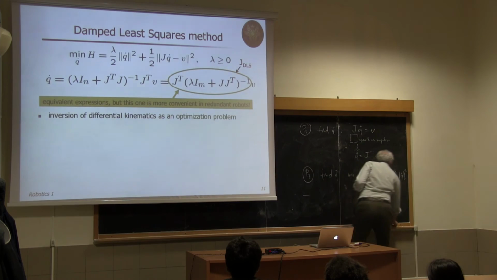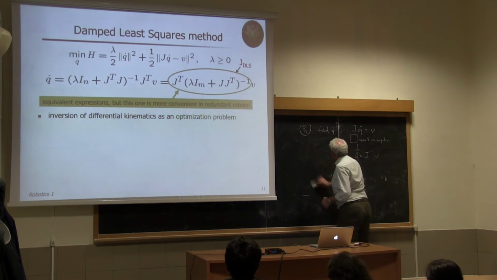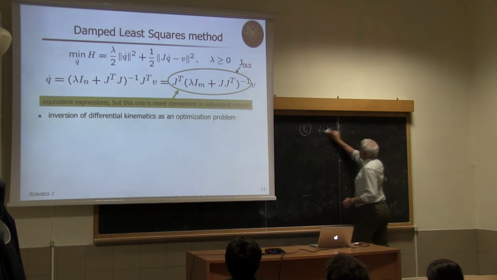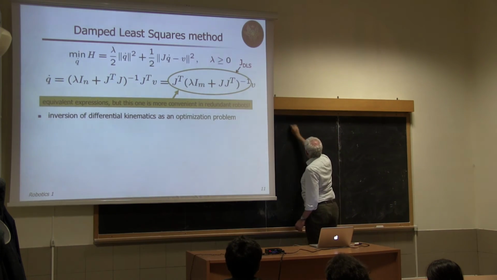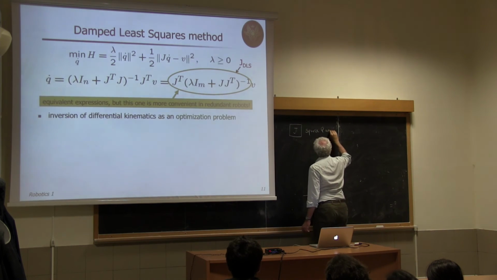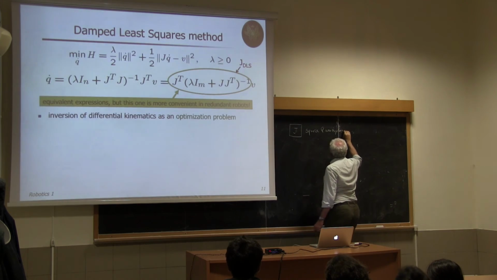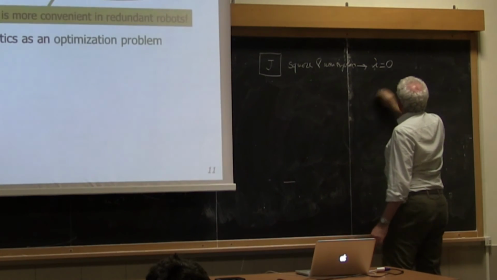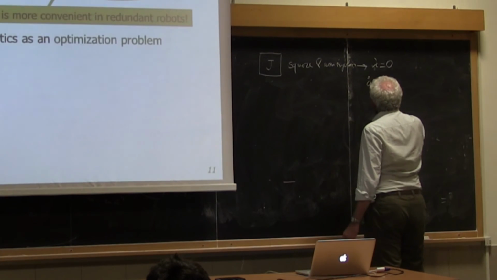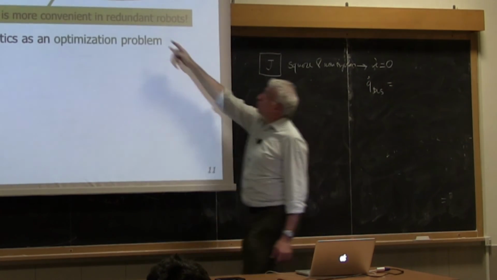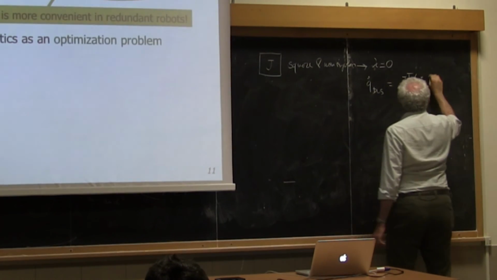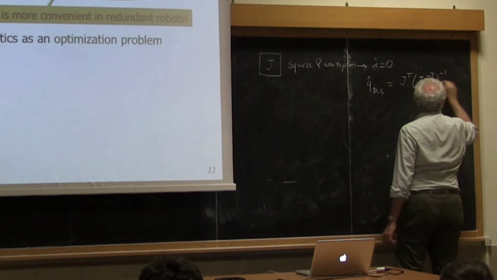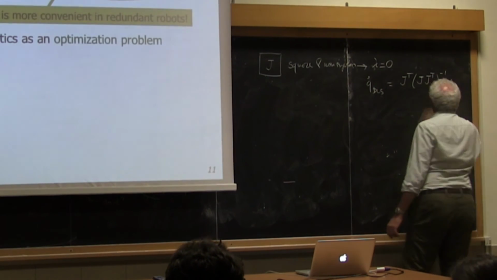So let me write it for you once. So if J is square and non-singular, then set lambda equal to 0, and q dot damped least square, this solution, will be J transpose J to the minus 1 times J transpose v.